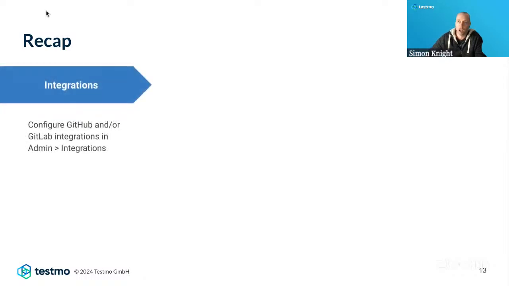So just by way of a quick recap, in order to use automation launching successfully, you'll need to first make sure you've got an integration set up with GitHub or GitLab or both.